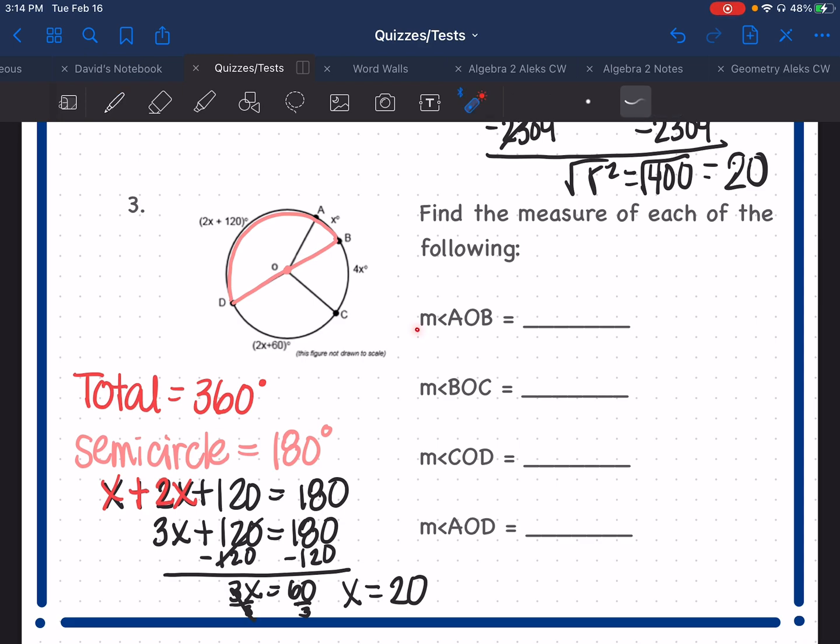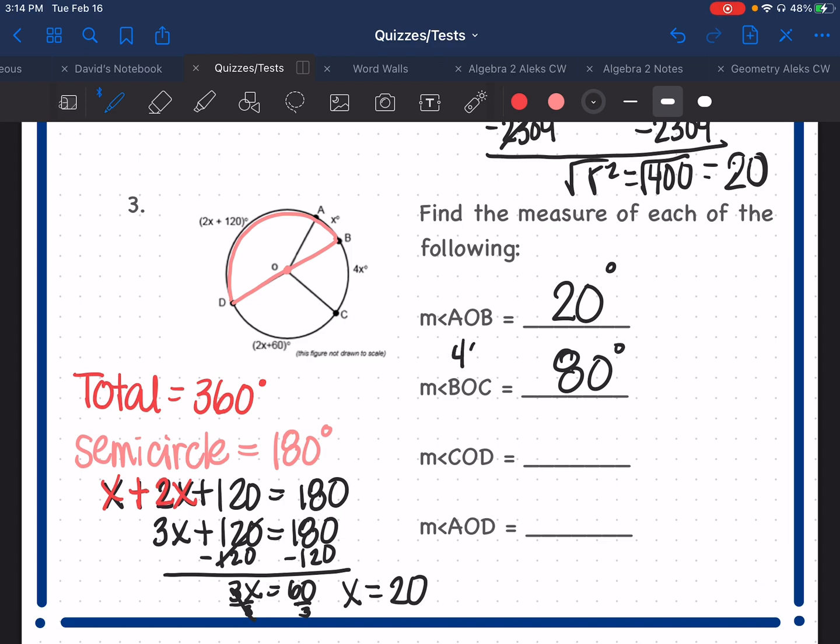So I'm going to find the letters AOB, which is x. X is 20. So my answer is 20 degrees. BOC, it's 4x. So I'm going to do 4 times 20, 80.